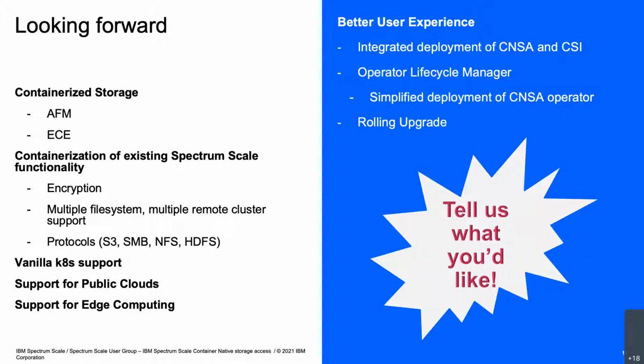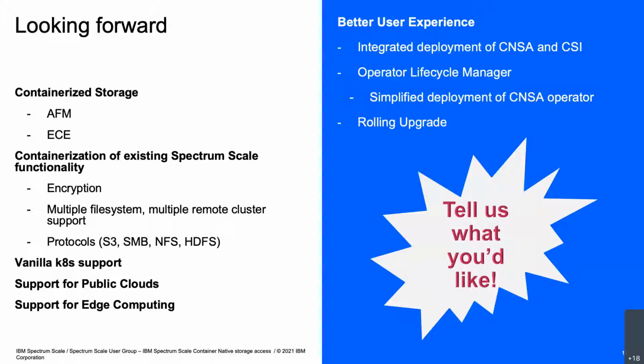We're in OpenShift right now. We're not in vanilla Kubernetes yet. We're going to work on that. We're also going to look at supporting public clouds, IBM Cloud, AWS, Google, Azure, and also support for edge computing.